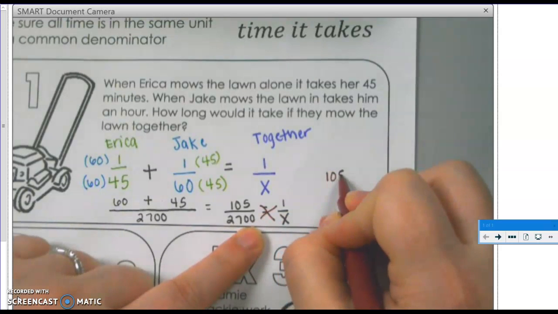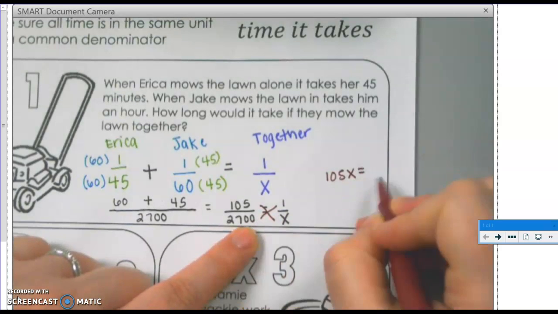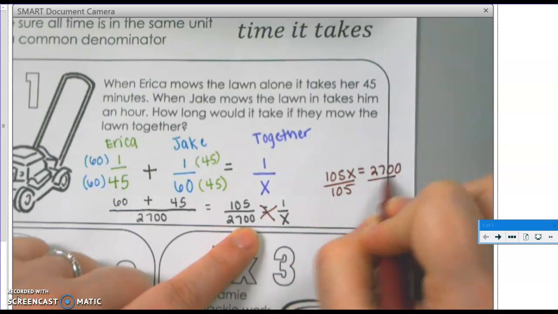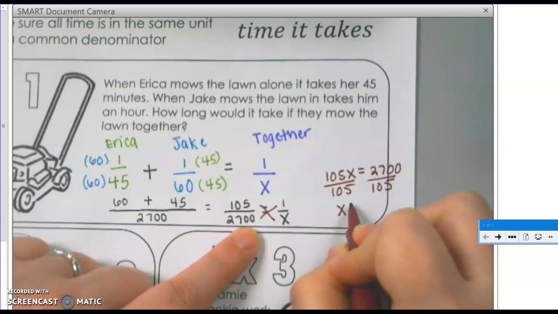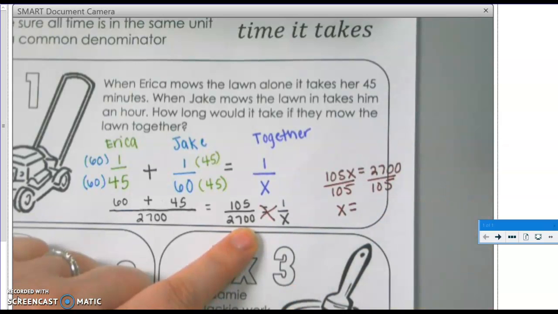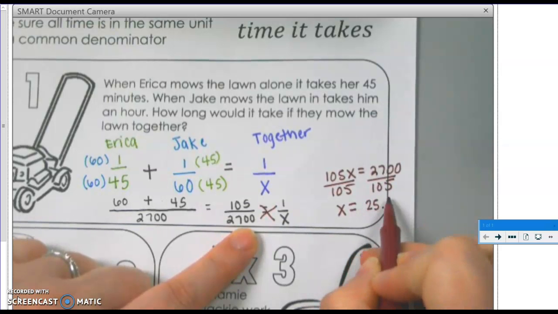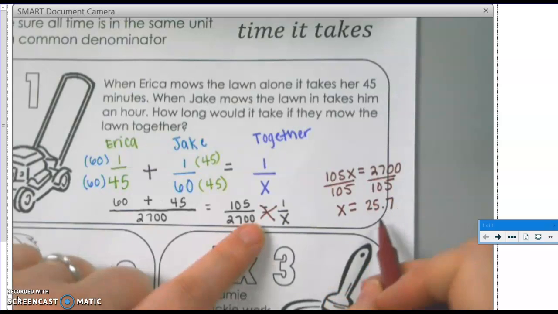So 105 times x, 2,700 times 1, and divide by whatever's with x. So about 25.7 minutes.